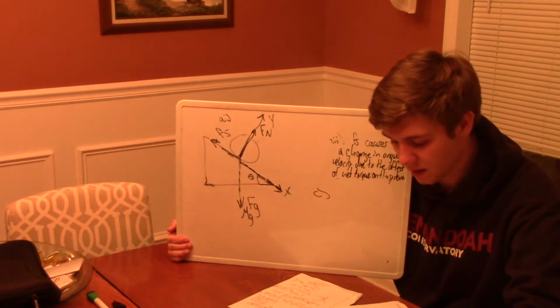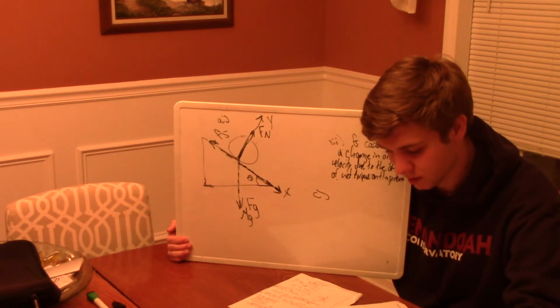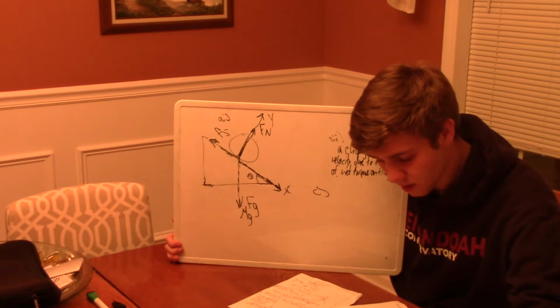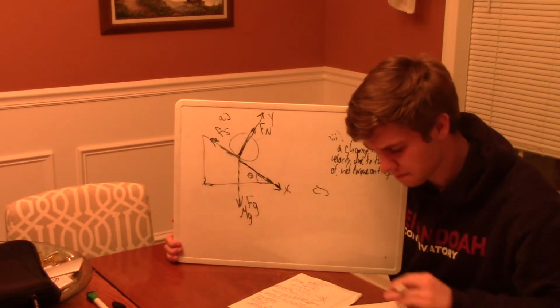The block slides down the ramp with negligible friction. And then it asks, which object, if either, reaches the bottom of the ramp with the greatest speed?